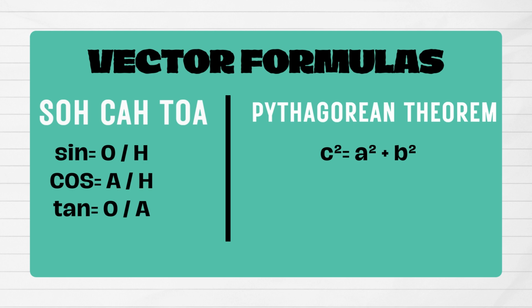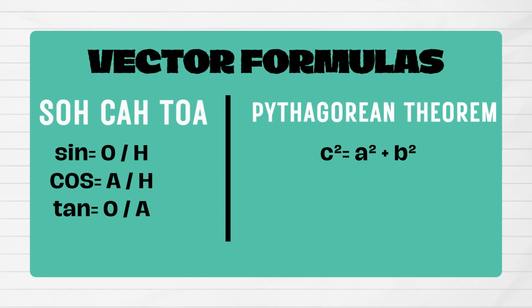Then cos is equal to A over H. A stands for adjacent. Then tan is equal to O over A. O means opposite and A means adjacent. And also we can use the Pythagorean theorem in solving vectors, which is c squared is equal to a squared plus b squared.